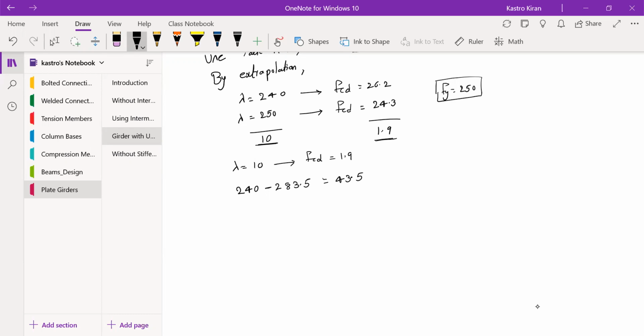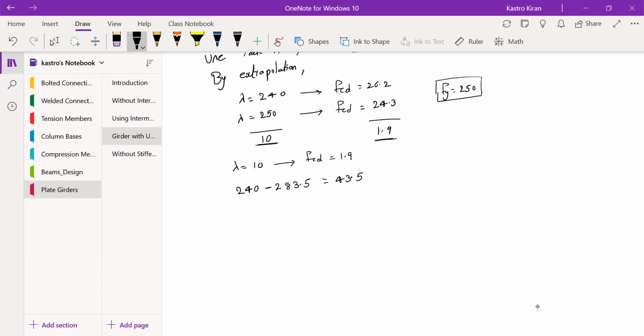For a lambda difference of 10, the FCD difference is 1.9, and for a lambda difference of 43.5, you have to find the value of FCD difference, which we can write as X.